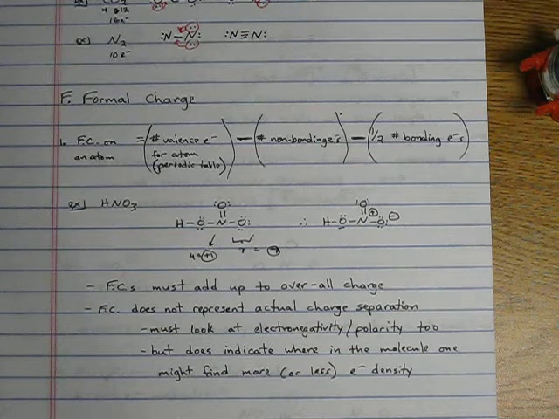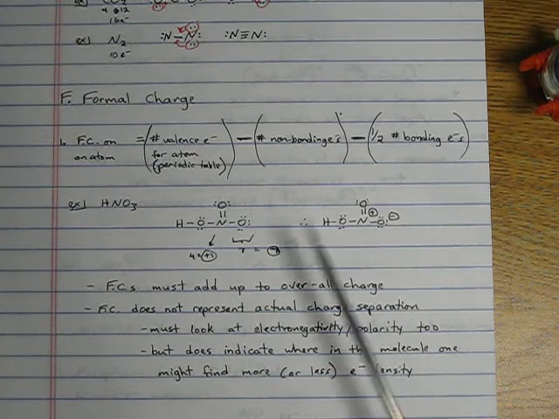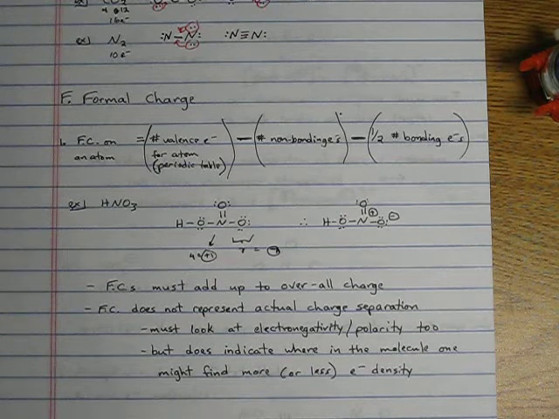However, what you're going to find, especially if you go into organic chemistry, is that the formal charge does give us a pretty solid idea of what part of the molecule has more positive charge than you would think, what part has more negative charge than you would think, and we can use formal charge to tell us how organic molecules are going to react. The reactivity of organic molecules pretty much follows formal charge. It does a pretty good job of following the formal charges on things.